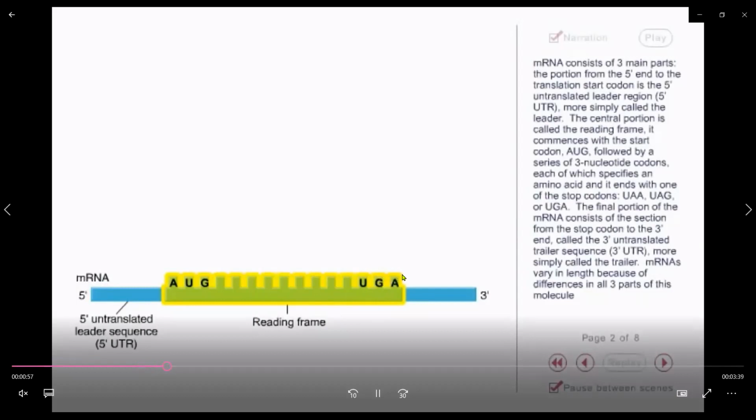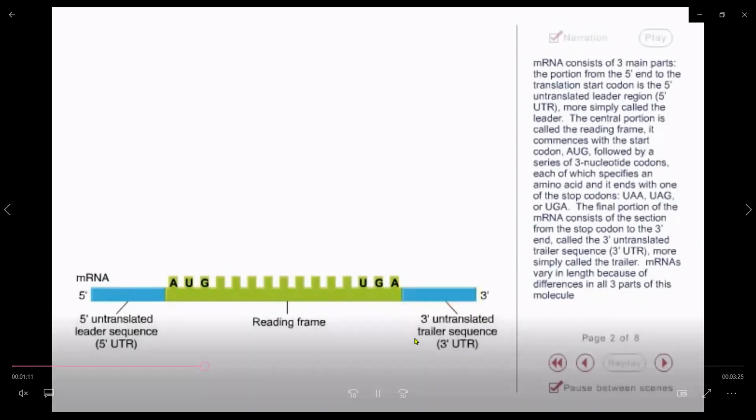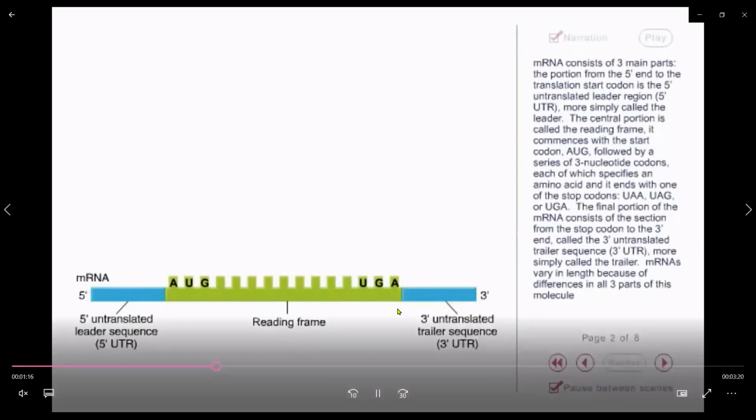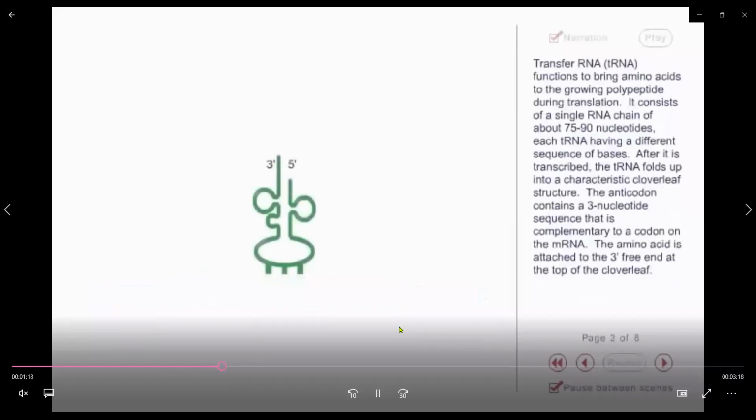And finally, it ends with a stop codon. There are 3 stop codons: UAA, UAG, and UGA. The final portion of the mRNA is called the 3' untranslated trailer sequence. The polypeptides vary in length because of the length of the 3 different parts. So that is an mRNA.